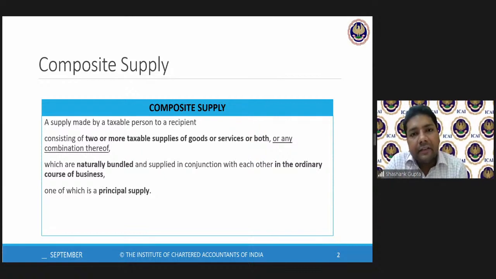Under central sales tax, it was occasioning movement of goods from one state to another, and so forth. Like octroi and entry tax, it was entry of goods into a particular demarcated area. So basically, every statute had its own different taxable event. And basis that, taxes were made applicable.